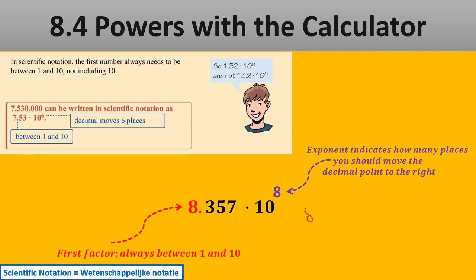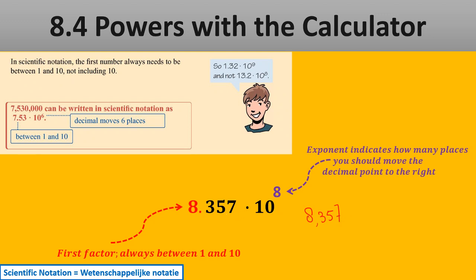Well, it would be 8, and then it would be 3, 5, 7. Sometimes they use commas here, right? Remember, a comma in English mathematics is not a comma in Dutch mathematics. This is what we normally use a point for. And then I've moved it 3 places to the right. 1, 2, 3. So my point would be here.